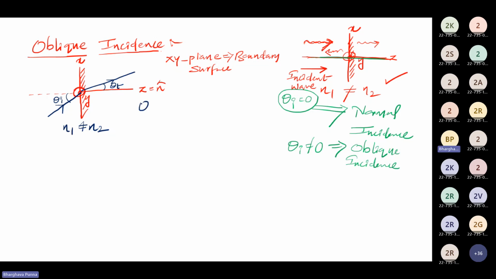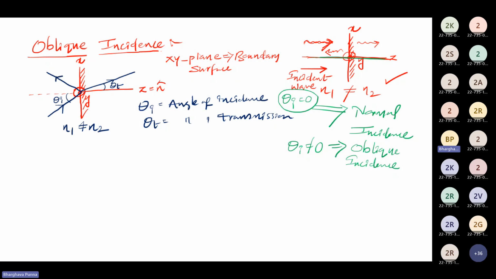So theta I is the angle of incidence, and theta t is the angle of transmission. Only a certain portion of the input signal, that means the incident wave, has transmitted into medium 2, and the remaining power is reflected back because of the impedance mismatch.